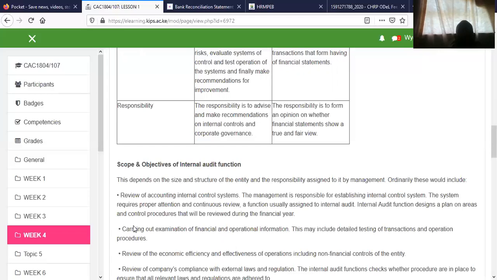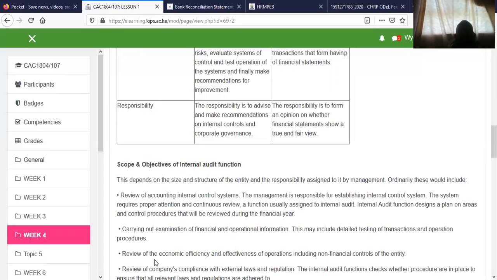Number two, scope is carrying out examination of financial and operational information. Remember, when we talk about operation, it is how the organization operates, the things it has put in place so that it can have a very smooth running, whereas financial here is to ensure that the statements of accounts are prepared in accordance with the accounting policies and procedures.